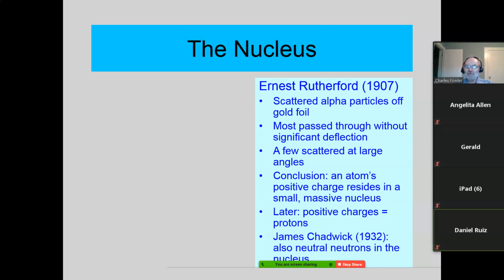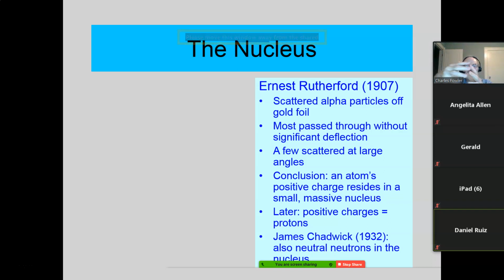So what he was going to do is fire these alpha particles off the gold foil, figuring that most of that plum pudding there is made up of positive charge, so if it hits the foil, it's going to get bounced backward, because like charges repel each other, and those alpha particles are totally positive, and most of the plum pudding is totally positive.